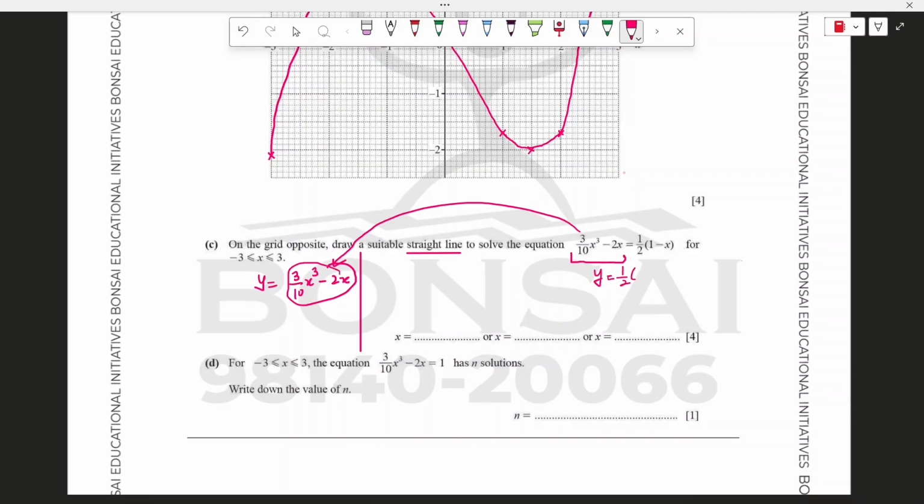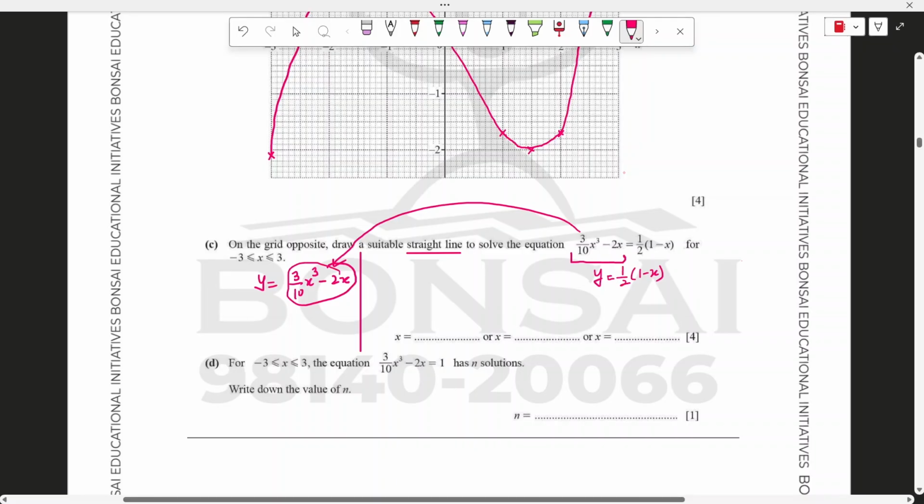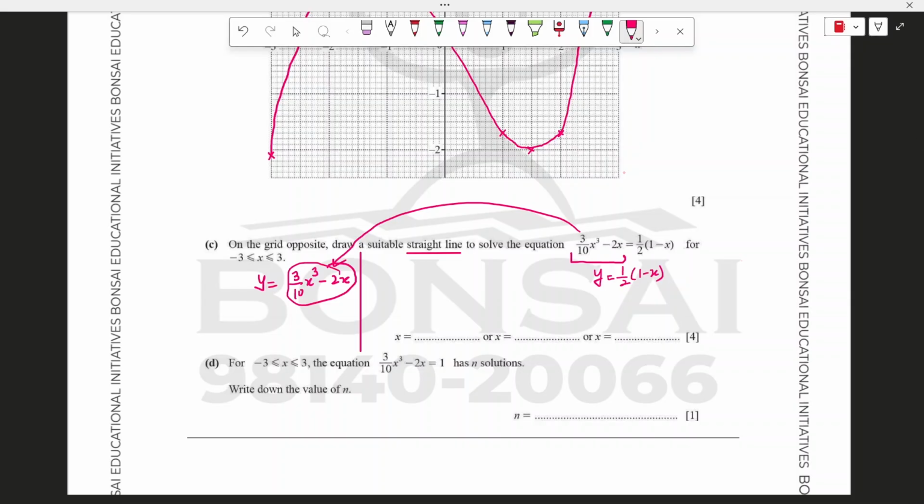and you have the equation y equals half times 1 minus x. Okay, so here you need to draw a suitable line. I already told you that when you have y equals something, you have a horizontal line. When you have x equals something, you have a vertical line.